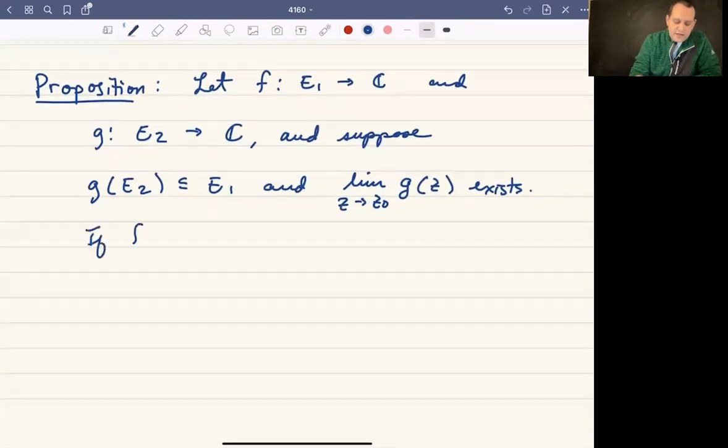If f is continuous at the point L, where L is what this limit is, let's give this a name.